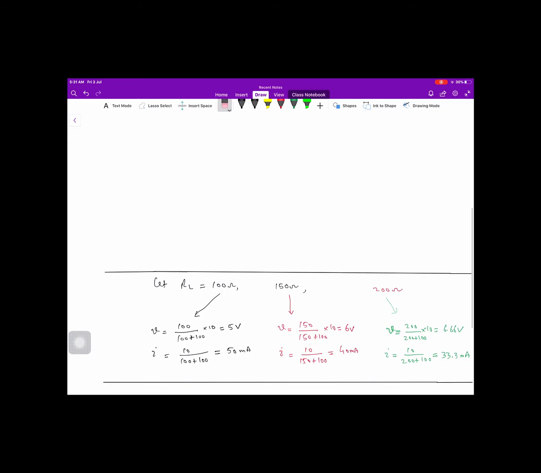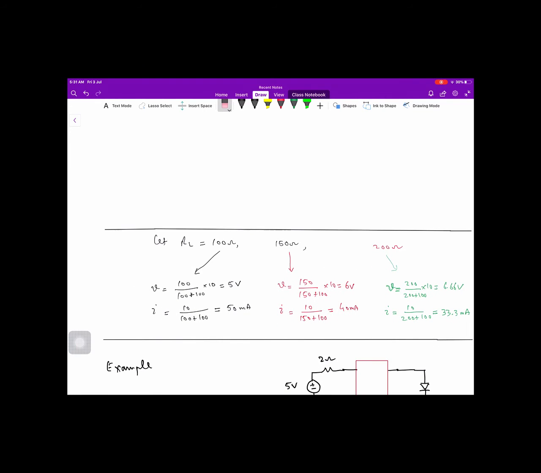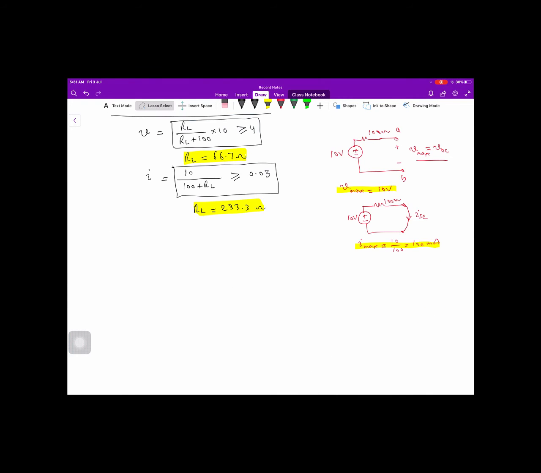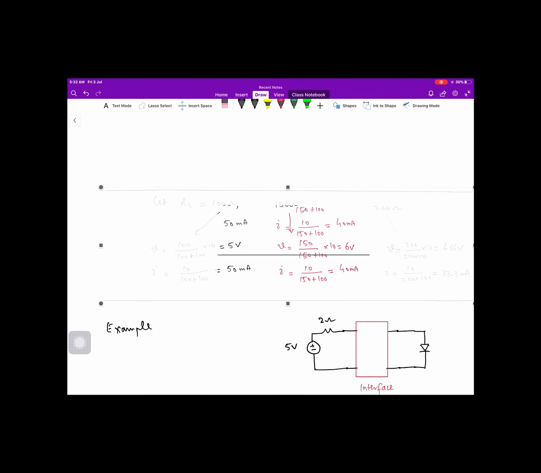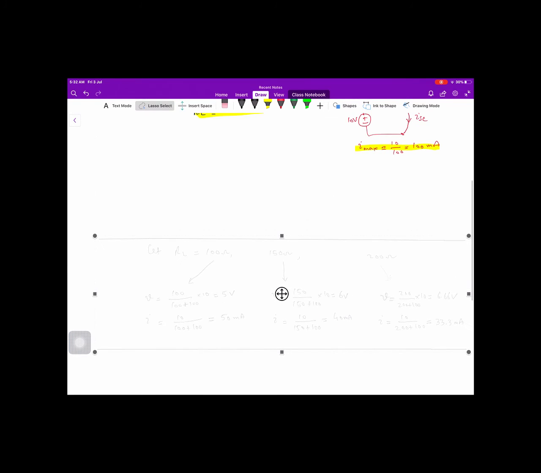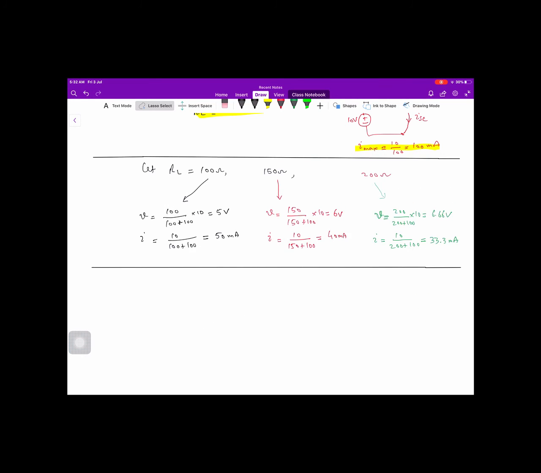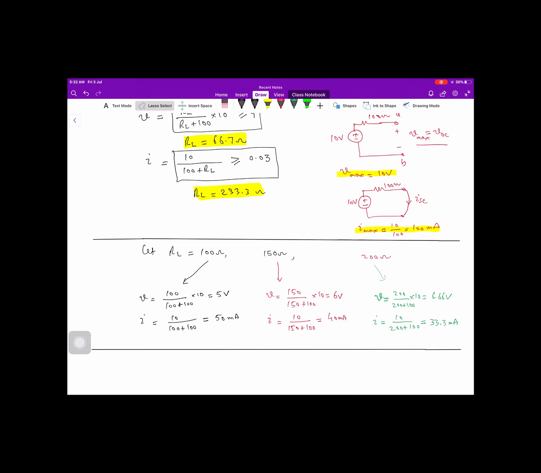I have done some calculations over here. I'll take it to the circuits above so that you can see both. Now, as the load resistance can be between 66.7 and 233.3 ohm, we have many choices of the resistance.